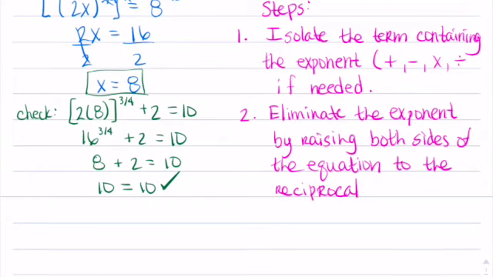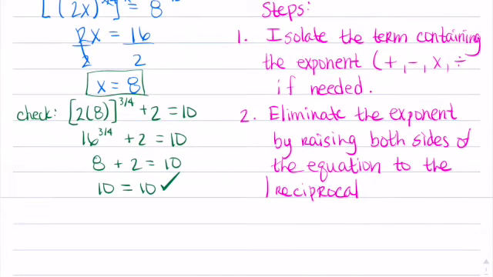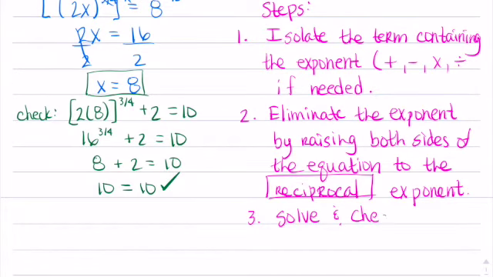So remember, reciprocal just means flip the exponent. So reciprocal exponent. All right, after we do that, we just continue solving and check our answer. The check, again, just like last time, is an important part. You cannot skip that part.